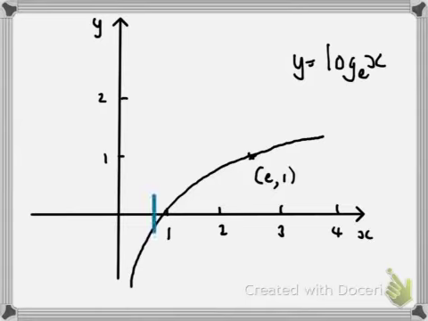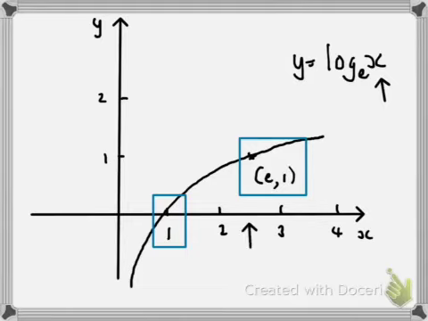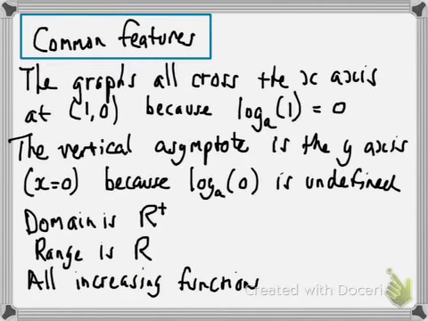Same again, intercept (1, 0), and I've got a point there, (e, 1), because if x equals e, log e to the base e equals 1. And e is positioned where it is here, at about 2.71, because the value of e is 2.71.